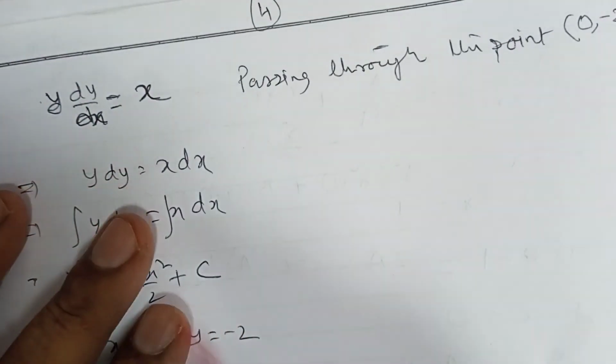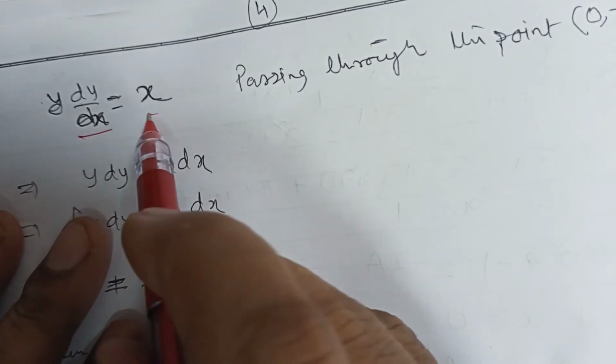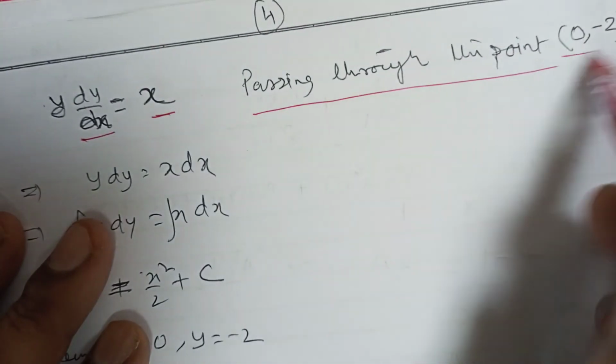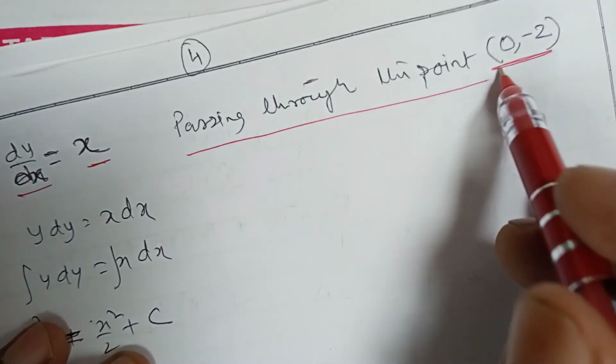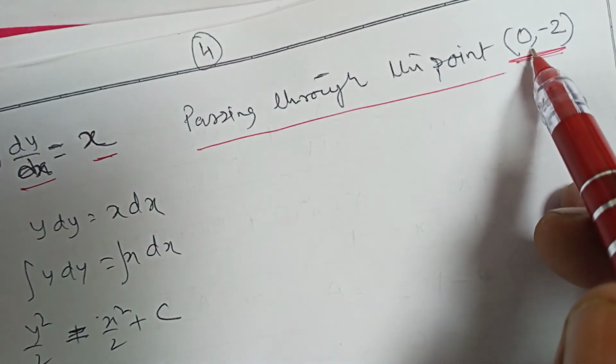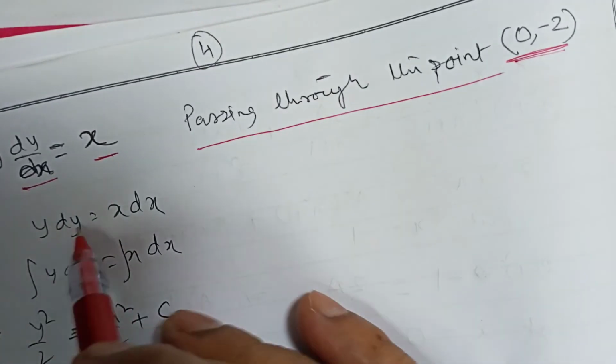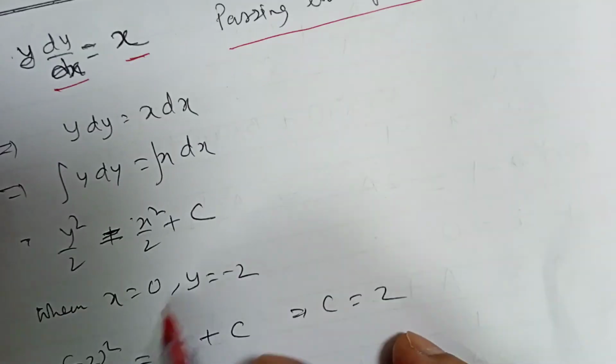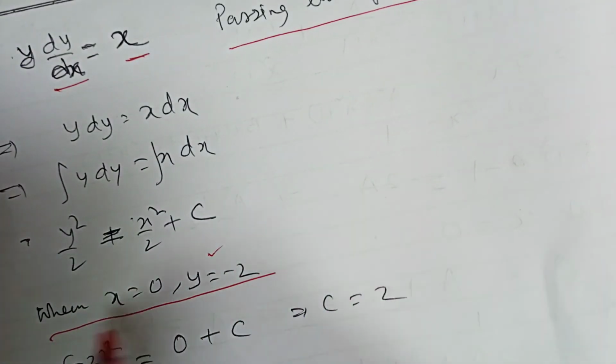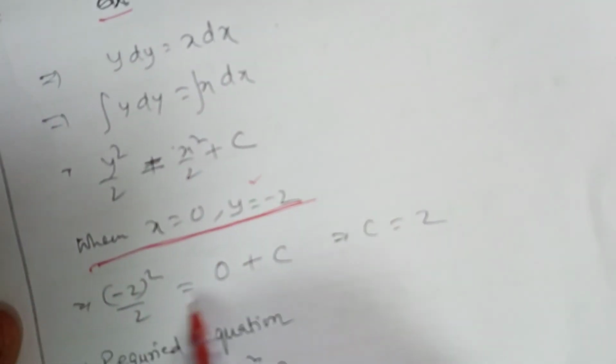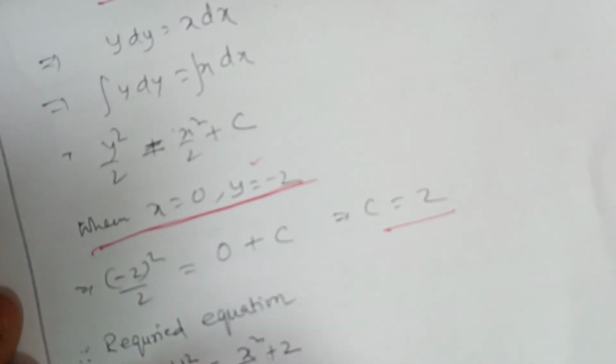What is given is y into dy by dx equals x, and the curve is passing through this point, which is given for finding the value of c. So we will go for variable separable, then we solve it. Now we will find the value of c from the given situation. Then c came 2, and the final equation comes like this.